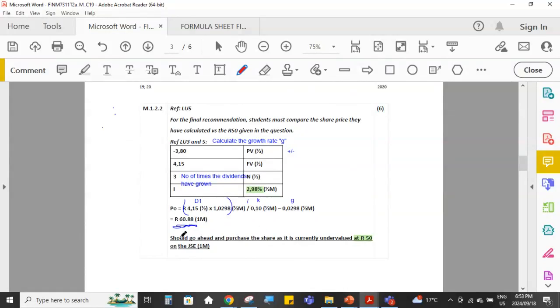So your answer is yes, definitely go ahead and purchase the share, because if it's selling currently for 50 Rand, it's undervalued, and that 50 Rand is a bargain because the share is actually worth 60 Rand and 88 cents. So that's the logic that you should use to explain why you said, yes, go ahead and purchase the share.